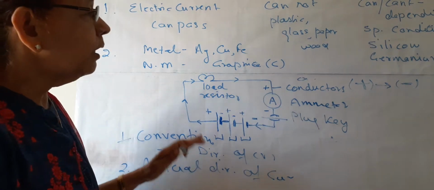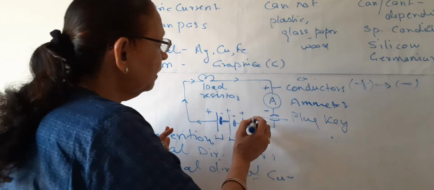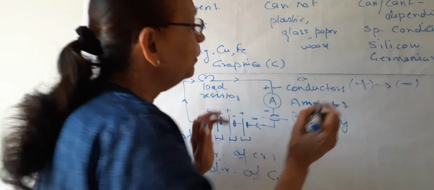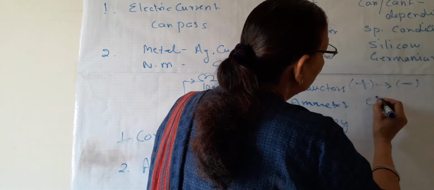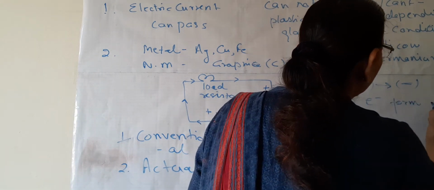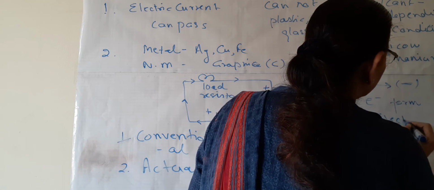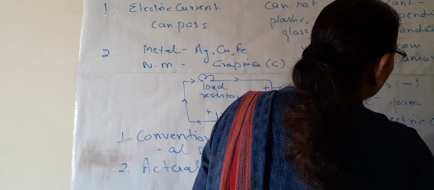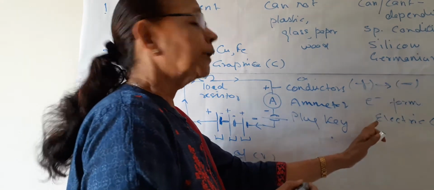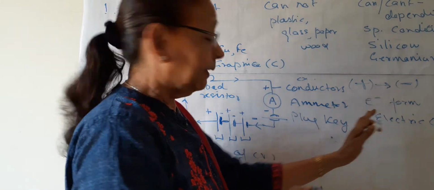What is actual? Actual, we know that always the electrons flow. They are free. So electrons flow to form an electric current. So it is the flow of electrons that forms the actual electric current.